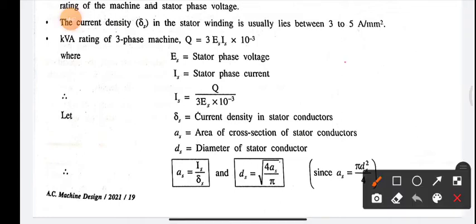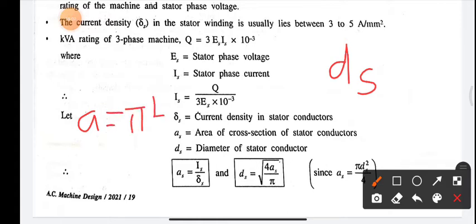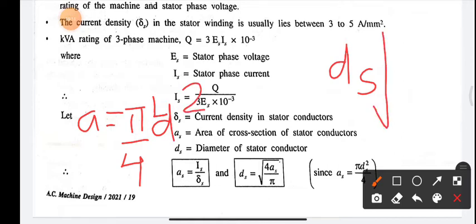Now suppose we want to find the diameter of the stator conductor. What we will do here, we know that generally the conductors that we are using are cylindrical, or circular, round in shape, right? So for that, area is given by pi by 4 d square. Now if you want to find that, then DS, that is the diameter, is given by under root 4 AS by pi.